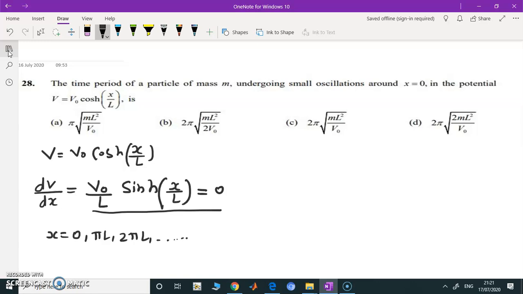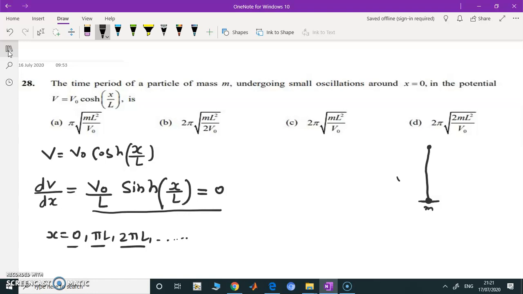But the question is, what value should we put: x equal to 0, πL, 2πL? For that, let me first tell you what a small oscillation is. Suppose some mass m is hanging from a string, and the motion of this mass m should be almost like a straight line motion.